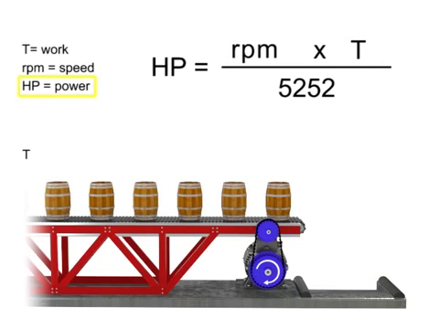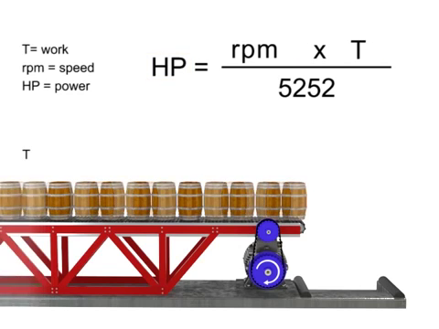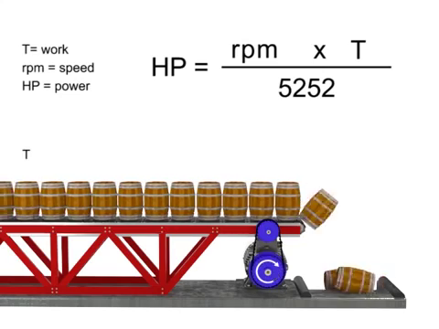If horsepower remains constant, then speed and torque are inversely proportional. As the torque increases, speed decreases to maintain constant horsepower. As torque decreases, speed must increase to maintain constant horsepower. Let's say we want the horsepower of our motor to remain constant, but wish to increase the torque.